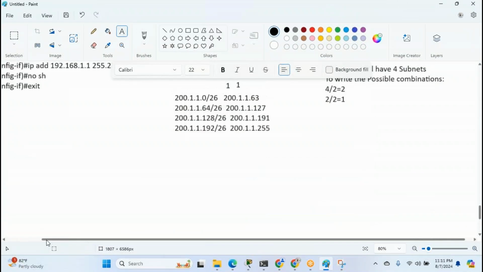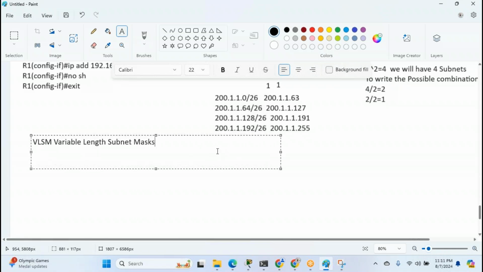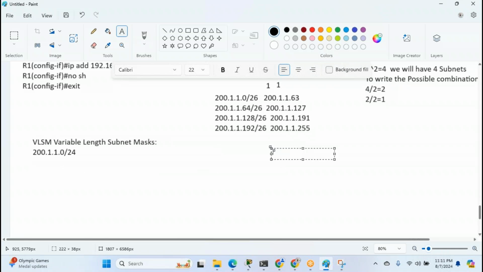So one example of VLSM, variable length subnet masking. We have the same network 200.1.1.0/24. Our requirement is we need one subnet of 60 IP addresses.